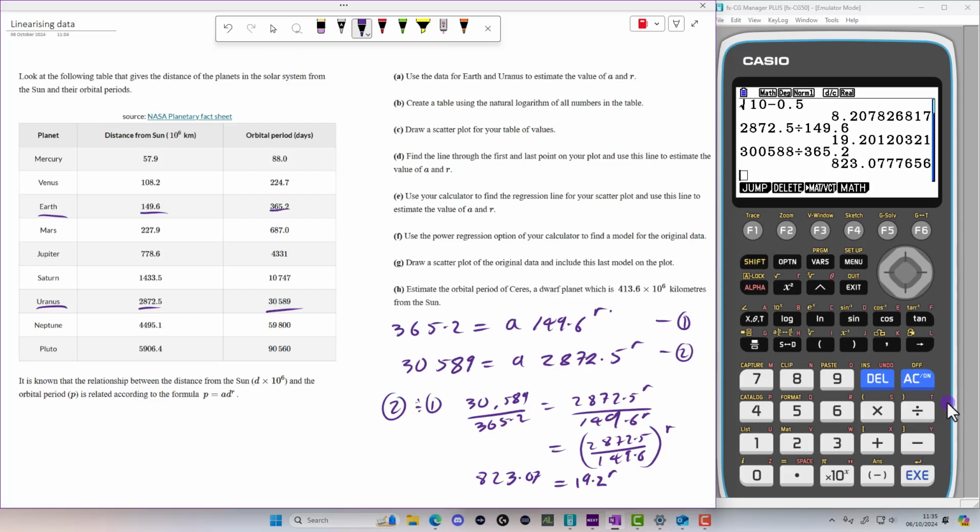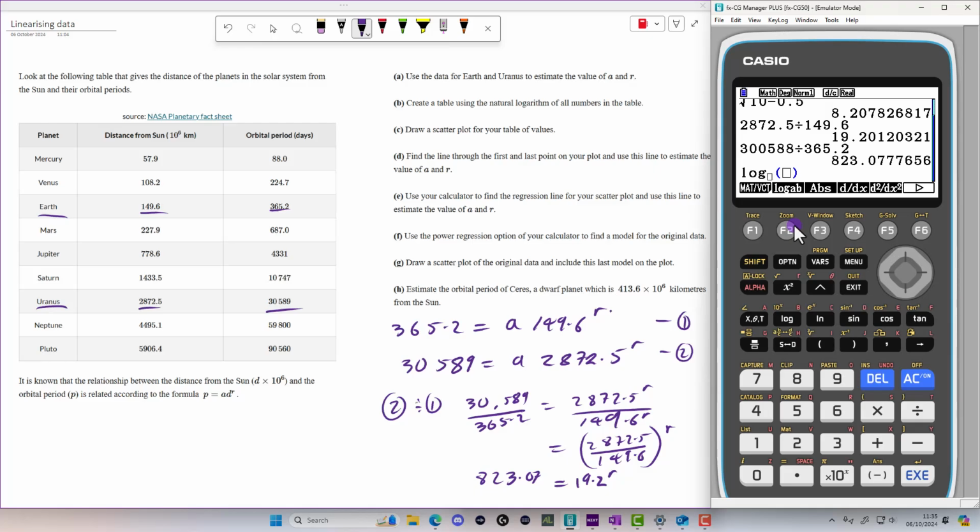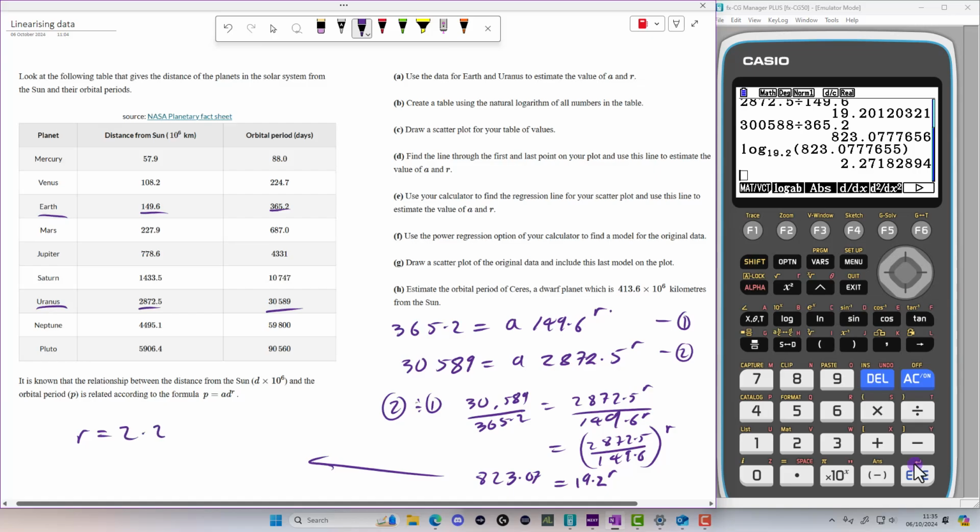Now on our calculator we can use a log function. If we go into the log AB option, we can do log to the base of 19.2. We'll undo this power law and we can do it of 83.77. So R is equal to 1.49.